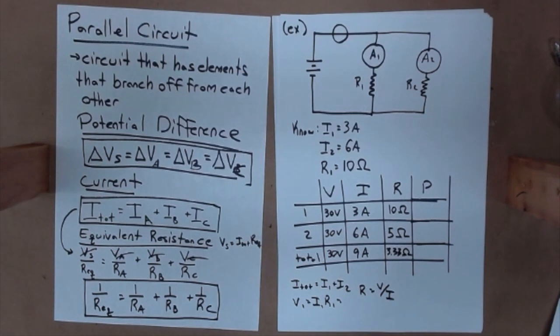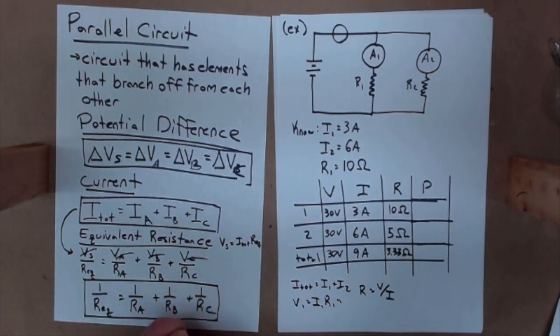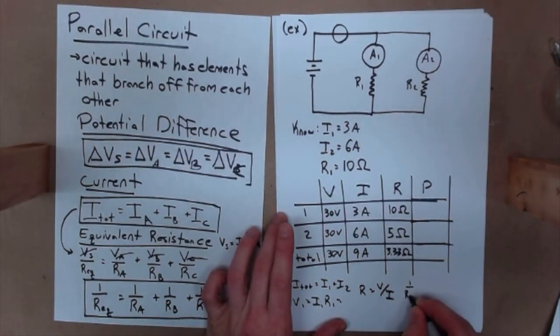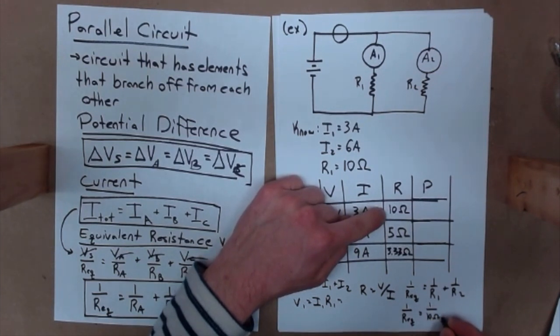But what I taught you in this lesson was not how to use Ohm's law. It was how to calculate the resistance of a parallel circuit, or the total or equivalent resistance of a parallel circuit. To do that, 1 over Req is equal to 1 over R1 plus 1 over R2. 1 over Req here is equal to 1 over 10 ohms plus 1 over 5 ohms.